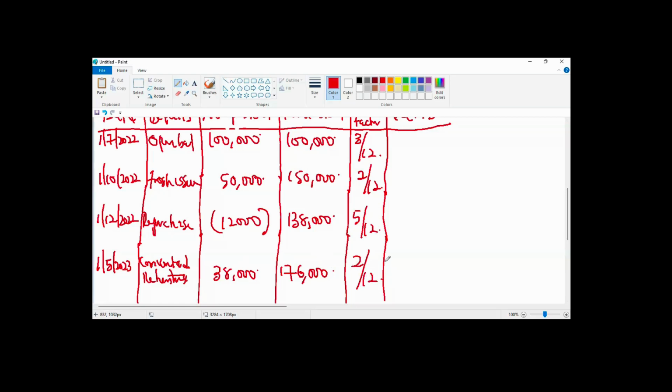I will now multiply: 100,000 times 3/12 is 25,000. Then 150,000 times 2/12 is 25,000. Then 138,000 times 5/12 is 57,500.